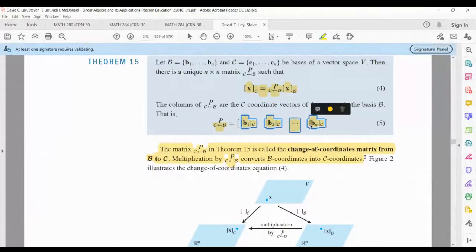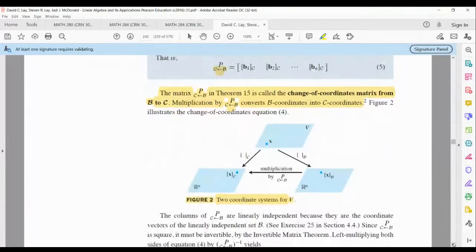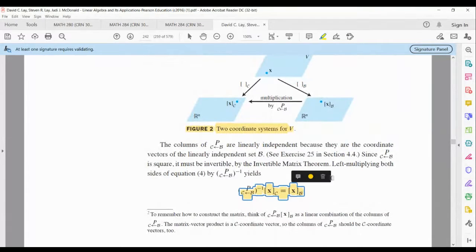I'm looking here at theorem 15, part 4, and if I multiply on the left both sides of that vector equation by the inverse of the change of coordinates matrix from B to C, in other words the inverse of matrix P, then we're going to get this down here.